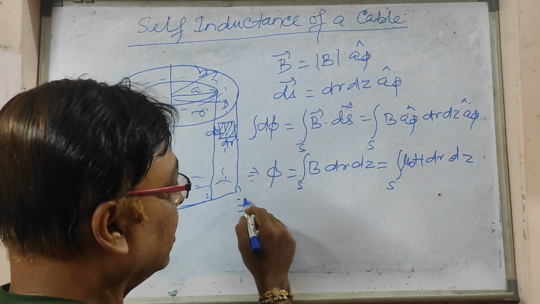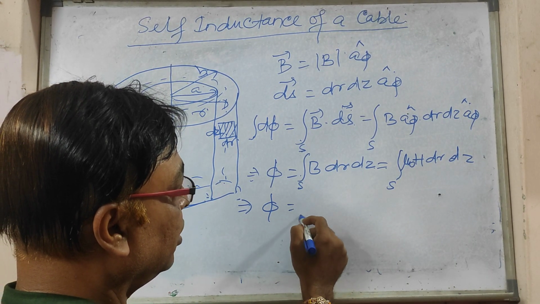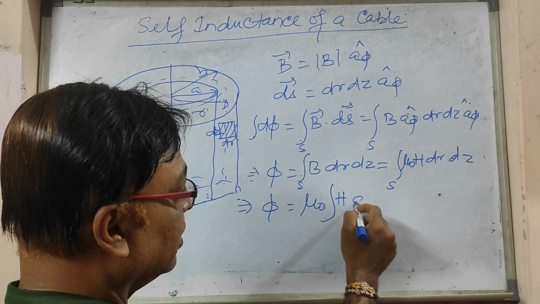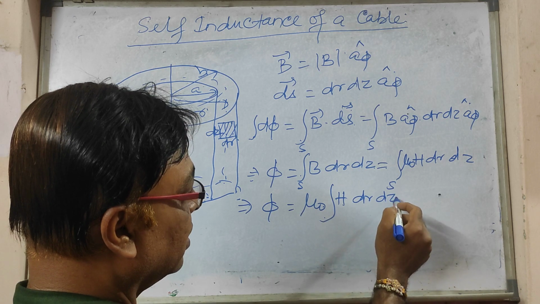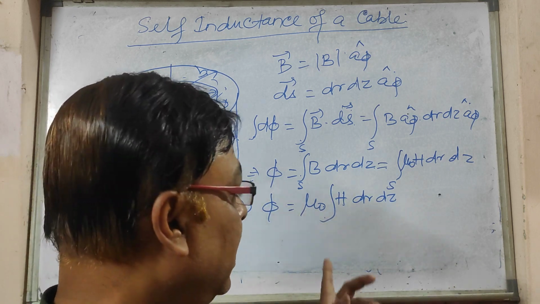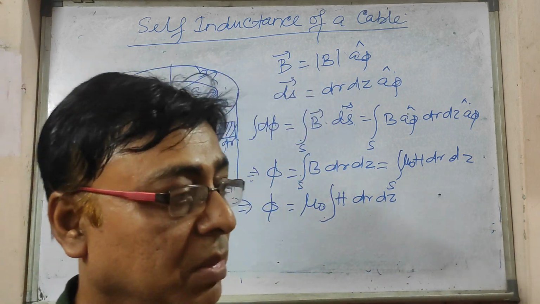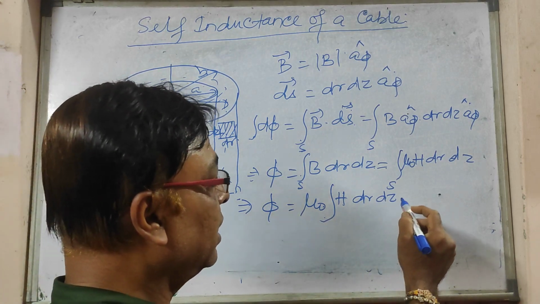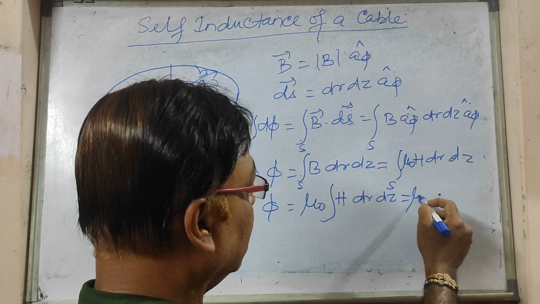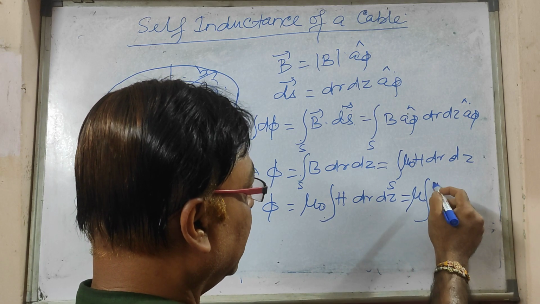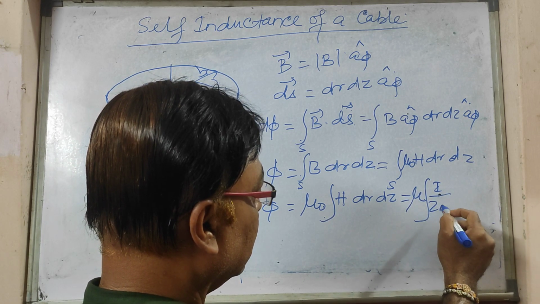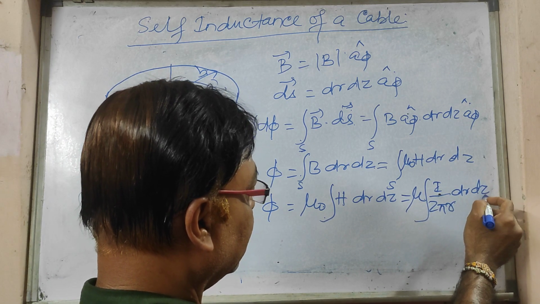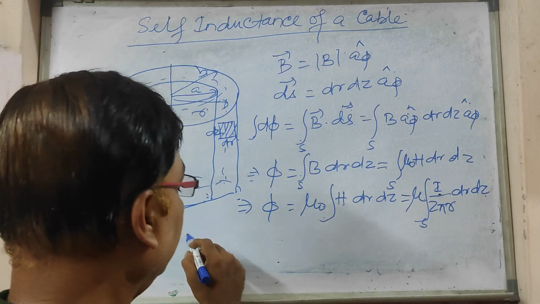I can take mu 0 outside because it is a constant. Now we have already calculated by using Ampere's law that h is given by I by 2 pi r. So it will be I by 2 pi r dr dz, again a surface integration.